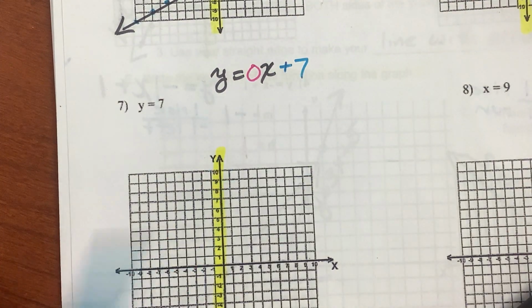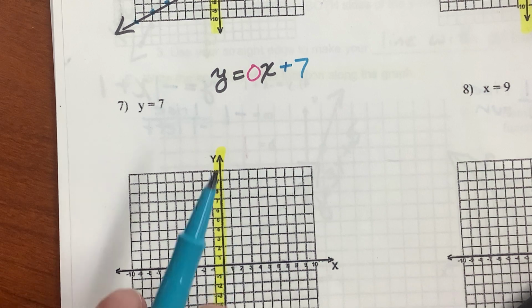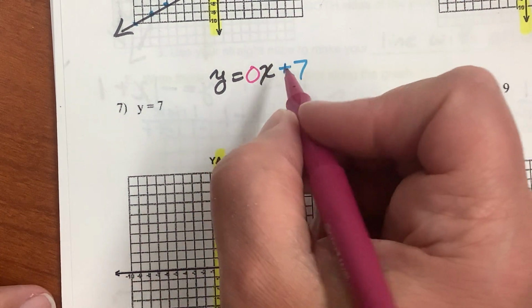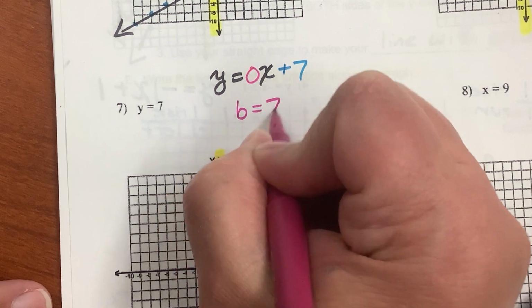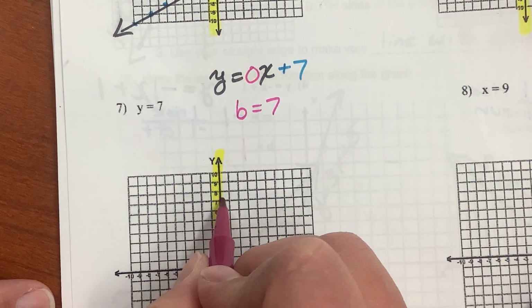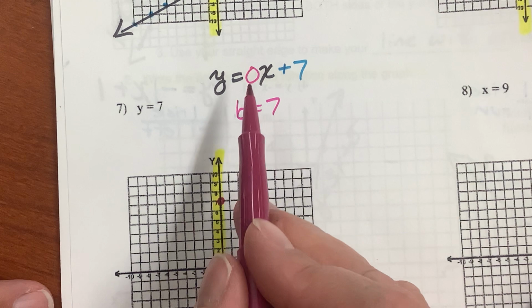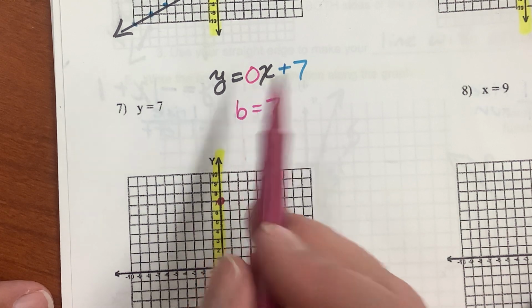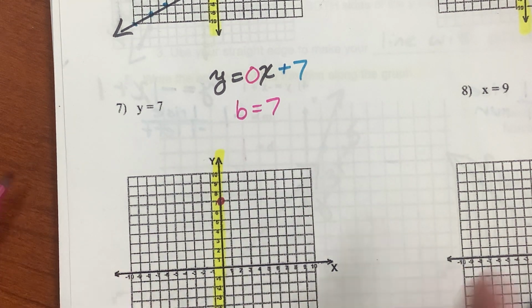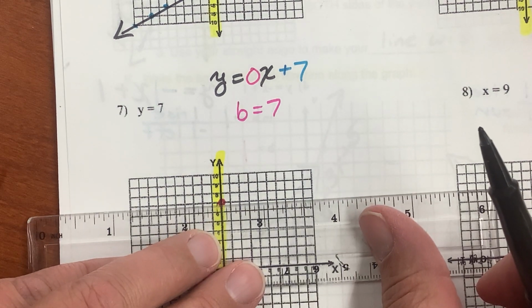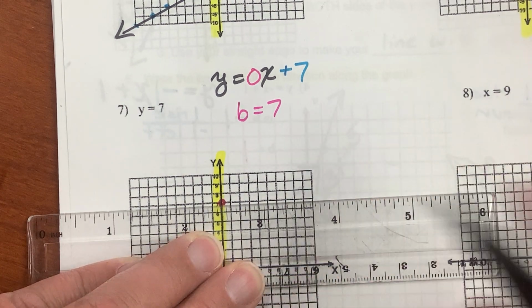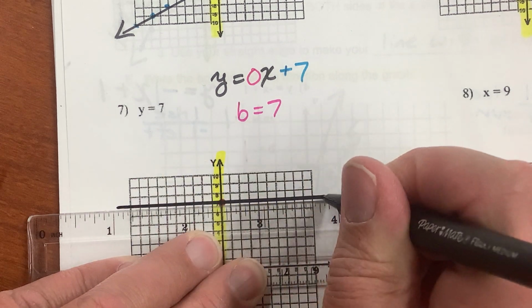So I'm going to have a 0 slope. My y-intercept, I wrote those backwards colors. My b equals 7. So I know I'm starting here at 7. But my slope is 0. It does not rise. It only runs. So it looks like that.